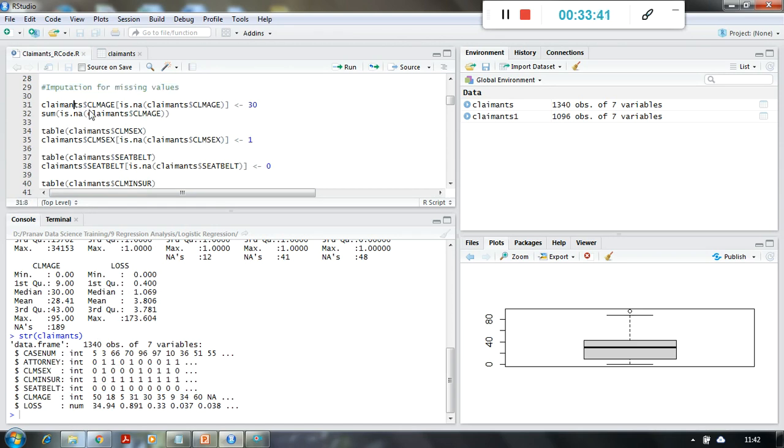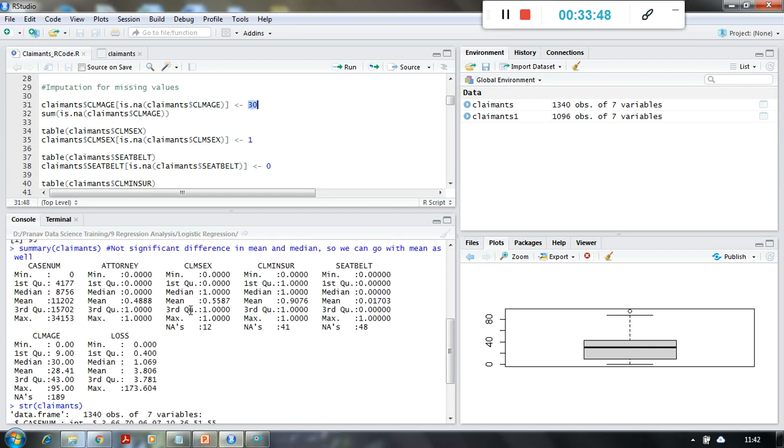So let us impute the missing values. For age, we are going to replace it by 30. Why 30? Because if you see, this is the age column, and the median is 30 for this age. Though it has an outlier, only one outlier, I am just trying it by replacing all the missing values, that is those 189 missing values from the age column, with 30.